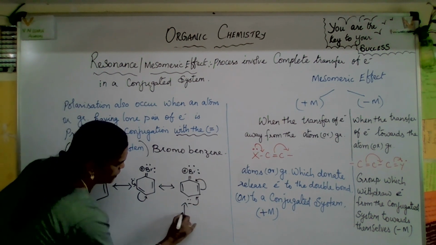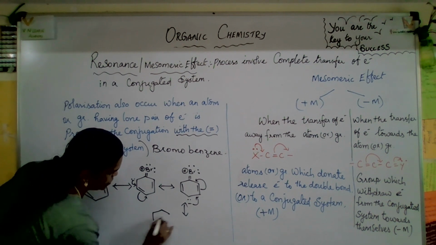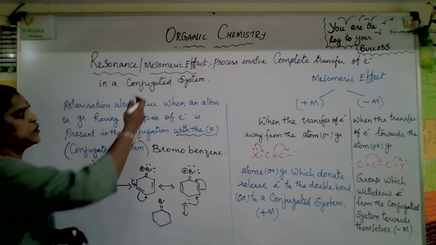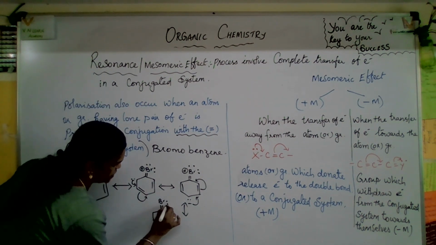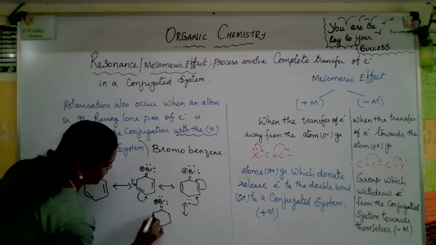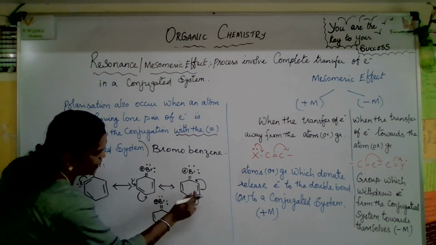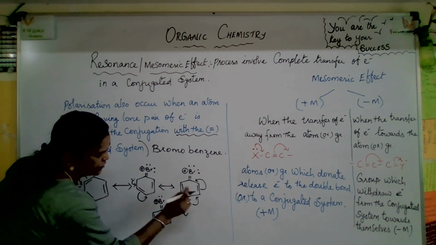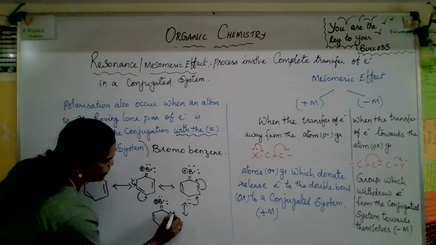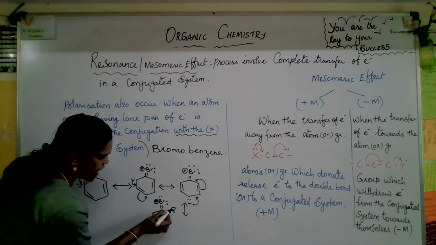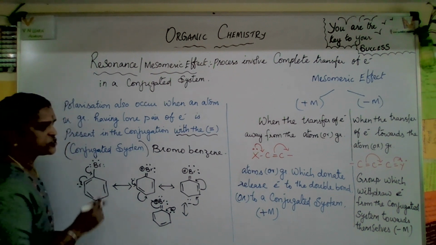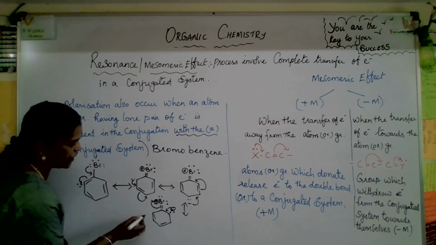So it will change the structure, giving the canonical structure of Br. The resonance structure is also known as canonical or imaginary. Here a positive charge, and then this comes here. The lone pair of electrons shifted towards this side, so automatically you will get a double bond on this side. And here a lone pair of electrons, a negative charge. Again it will shift over here, and the positive charge turns into a lone pair of electrons.